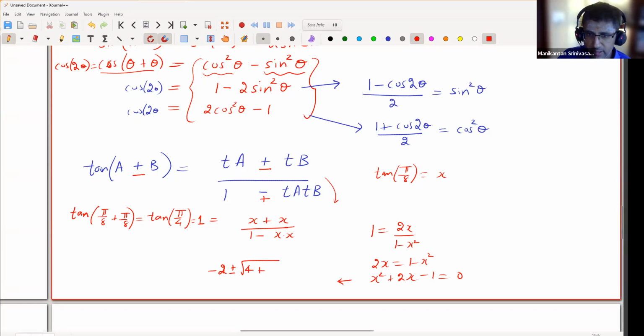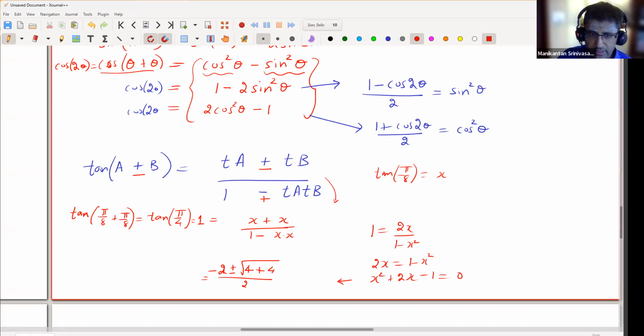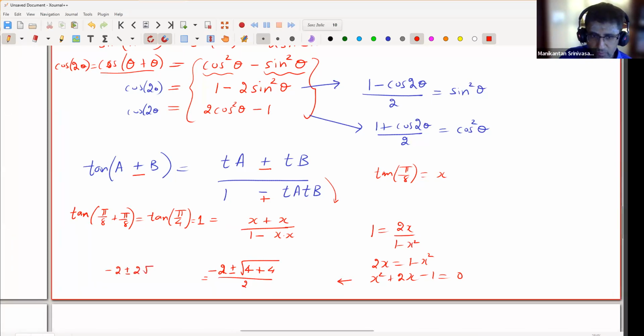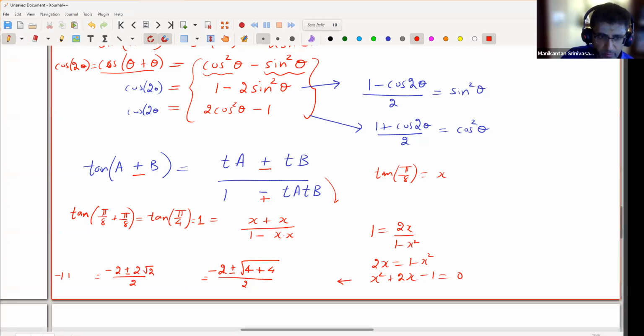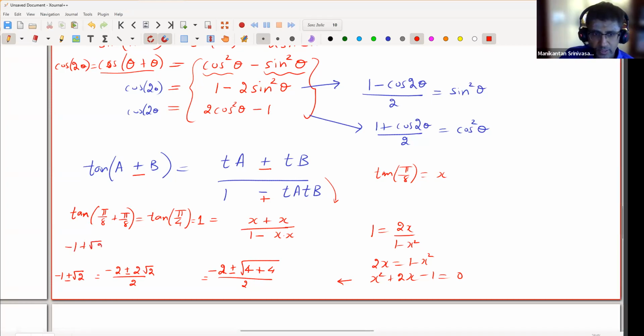B square minus 4ac will become plus 4, whole upon 2a, which is minus 2 plus or minus root 8, which is 2 root 2 upon 2. I can divide by 2: minus 1 plus or minus root 2. But we know tan of 22.5 degrees, or tan of pi by 8, is positive. Therefore, it has to be minus 1 plus root 2. That's your tan 22.5 degrees.